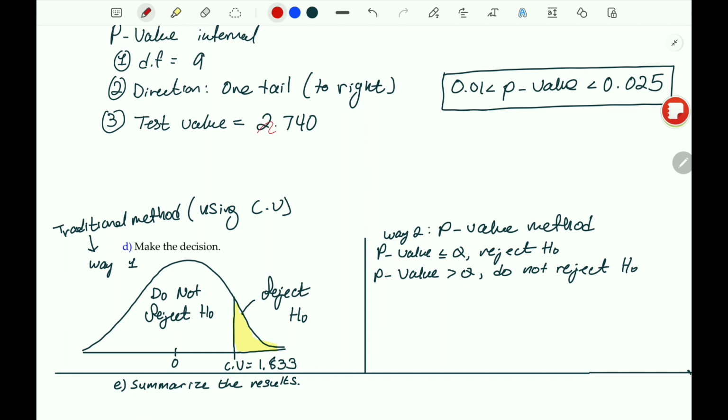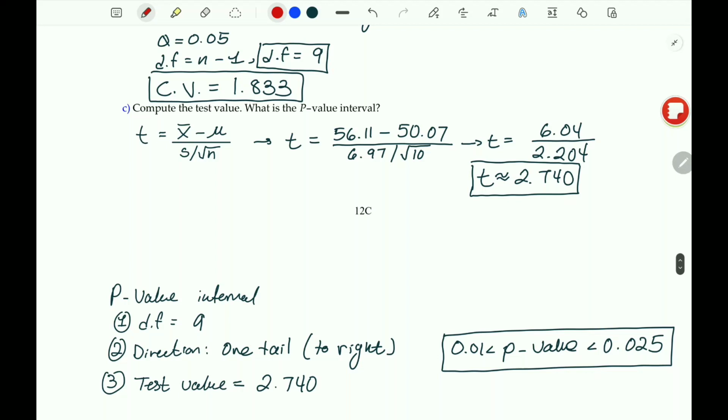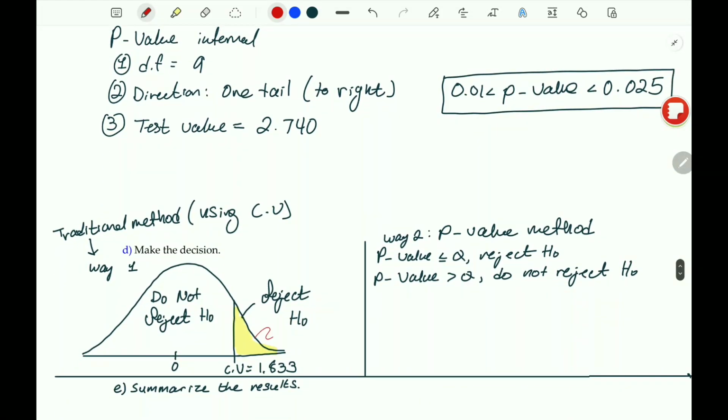Our test value is 2.740, which we calculated using the t-test formula. 2.740 will fall somewhere over here, which means we are going to reject the null hypothesis.